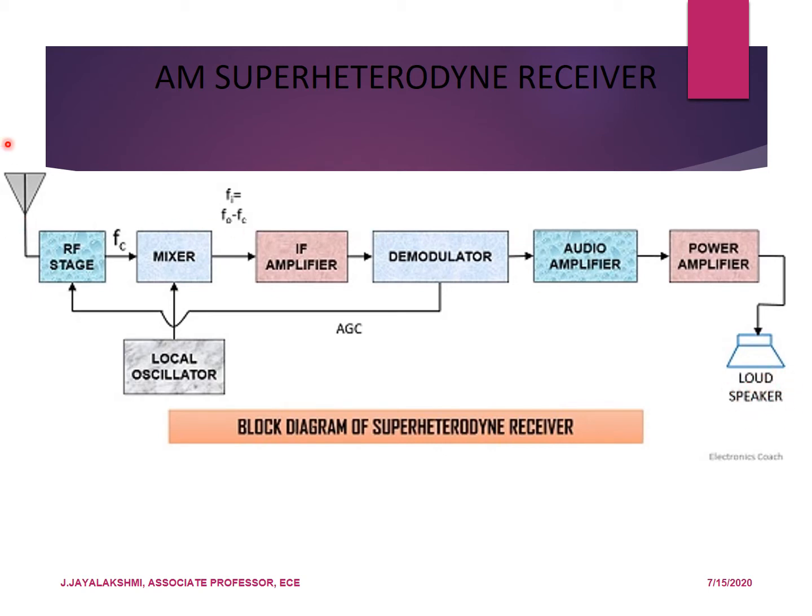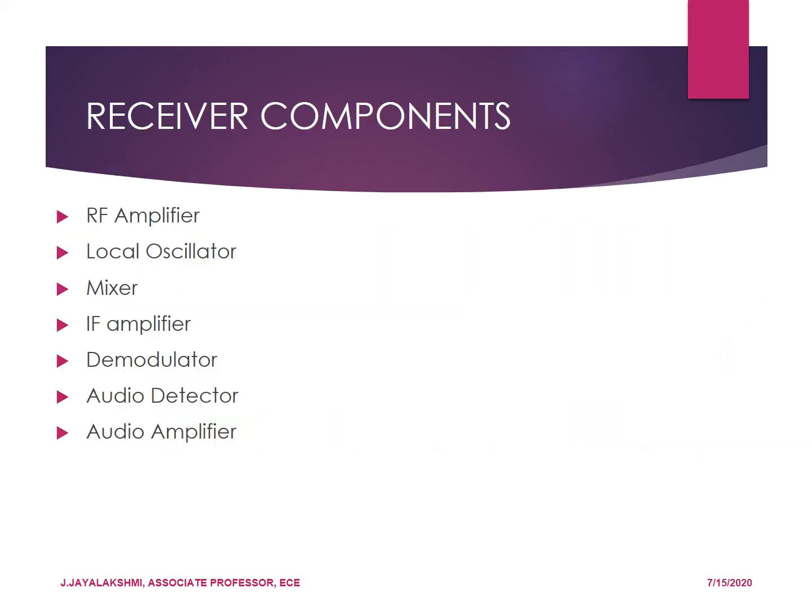And here this antenna is nothing but a metal, a conductor. It also acts as a transducer which receives the radio frequency waves and converts that into an electrical signal, that is AC signal. We'll see the working of each and every block in the next few slides.